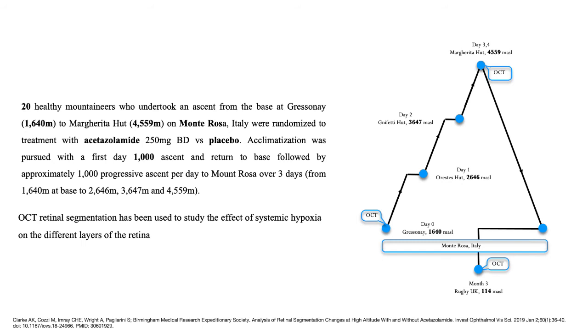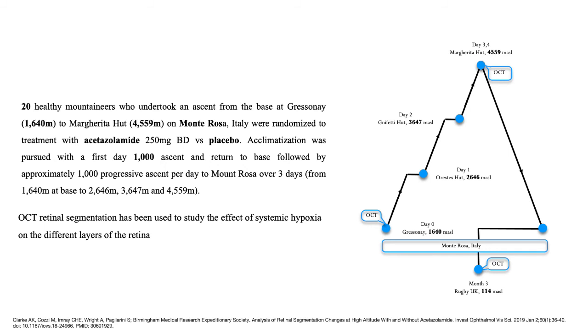Well, the purpose of this study, we were part of a different study. We were just studying the eye changes, and in particular the OCT retinal segmentation has been used to study the effect of systemic hypoxia on the different layers of the retina.